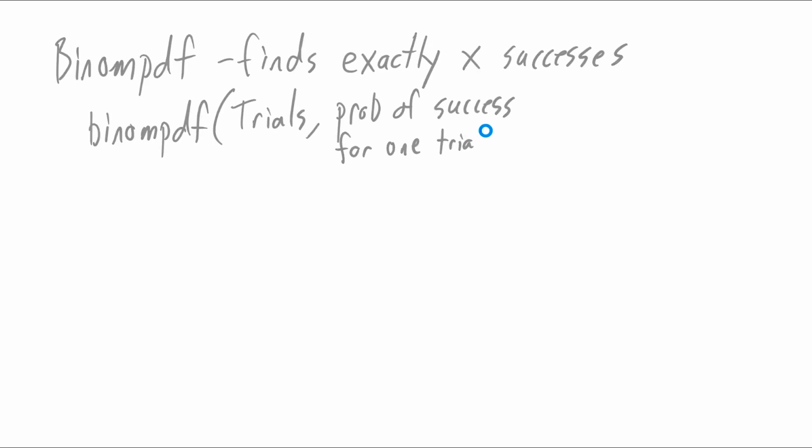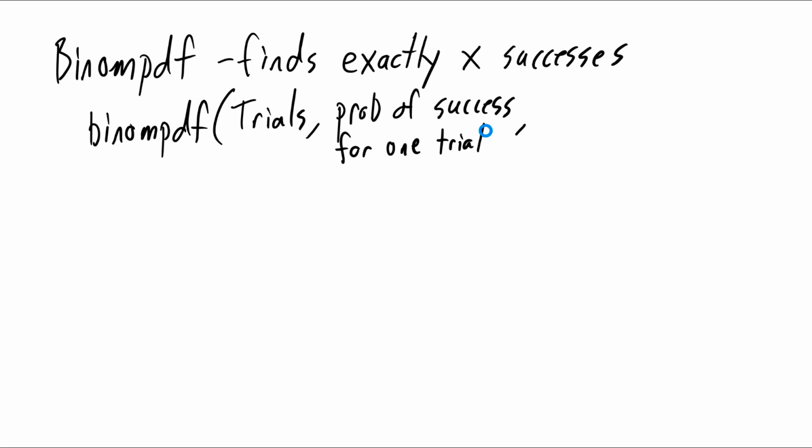Not for a number of trials, but for just one trial. So when we're looking for the probability of getting 13 heads, that probability is not what goes here. That's what we're trying to find. The probability of success for one trial in our example would be 1/2 or 50%. That's the probability of flipping a coin and getting heads.